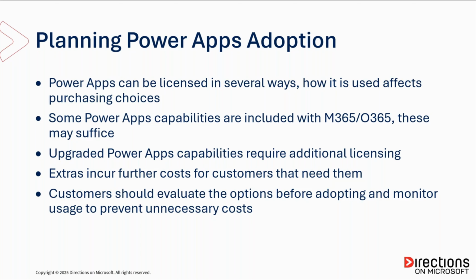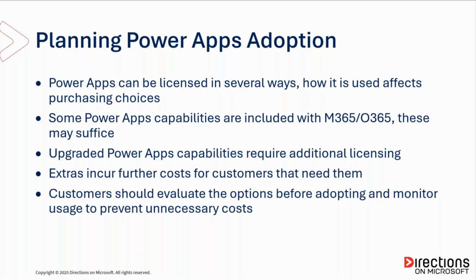But upgraded Power Apps capabilities are available with additional licensing, and capacity add-ons can incur further costs. Now, beyond Power Apps licenses, customers may need to purchase extra capacities for Dataverse and AI Builder usage. Those would incur additional costs. I'll be talking about those later.